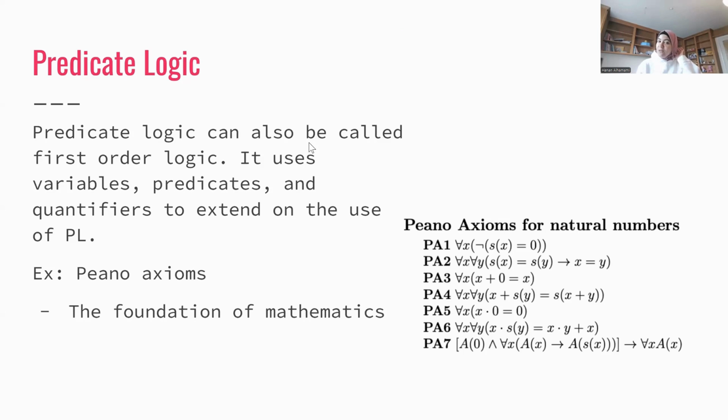Predicate logic can also be called first order logic. It's an extension of PL because it uses the same language, but it also adds variables, predicates, and quantifiers. An example of that is Peano axioms, and it's basically the foundation of mathematics.